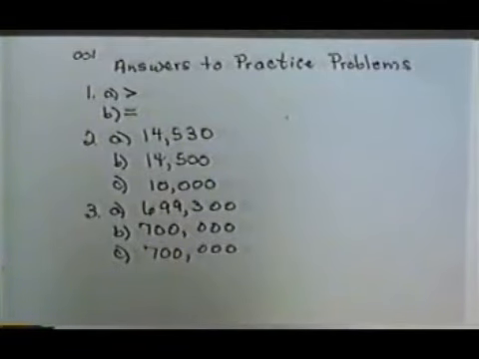B, 700,000. C, 700,000. If you disagree with any of these answers, stop the tape and go get help. This concludes Lesson 1. Hope you'll join us for future lessons.